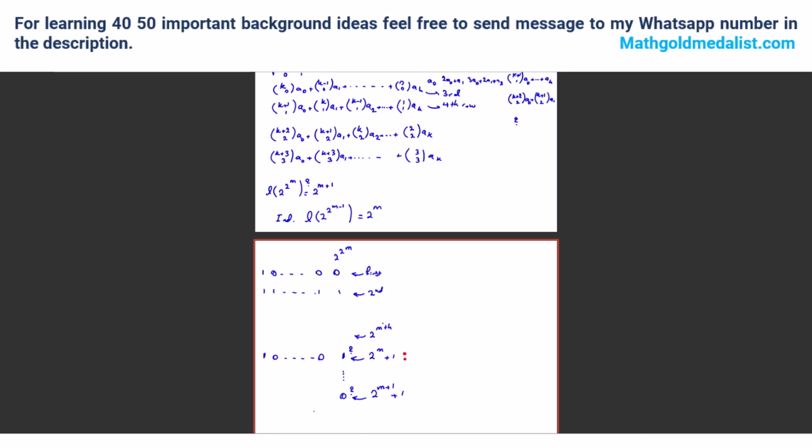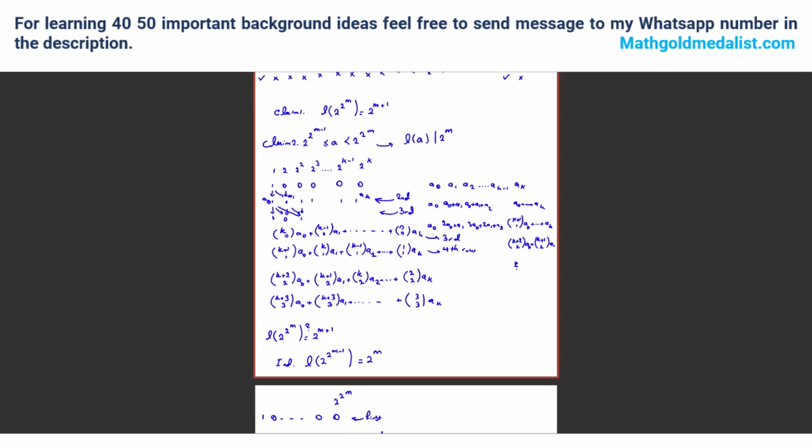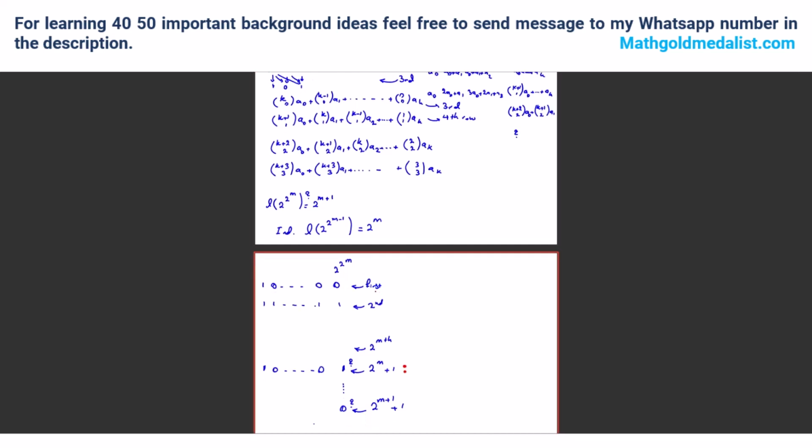It will be k plus 2 to the m minus 2 choose 2 to the m minus 2 times a sub 0 plus k times... Here, k was for 2 to the k, right? Because it's 2, it will be 2 to the m. So it will be 2 to the m plus what, choose what times a0?